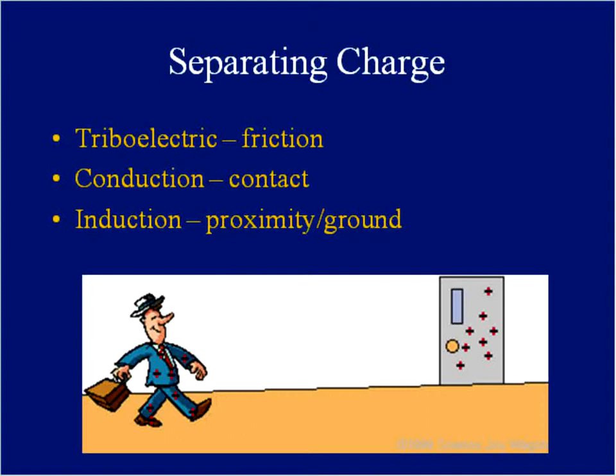So why would that happen? Because when the person walks, the body has got some net charge. That doorknob is metallic. Metallic means it has got free electrons. That's very important.